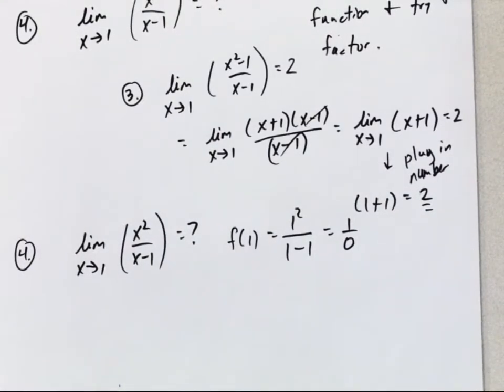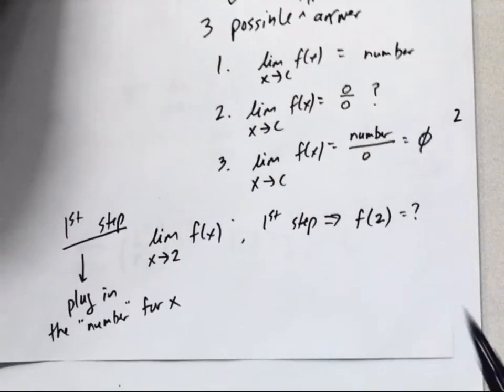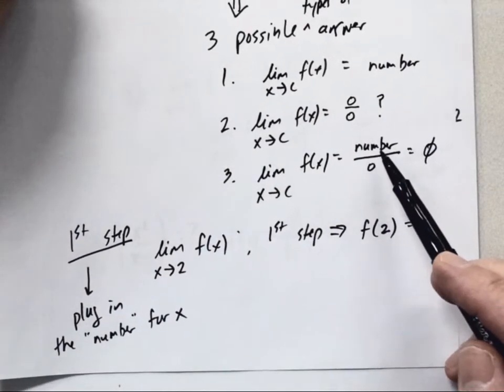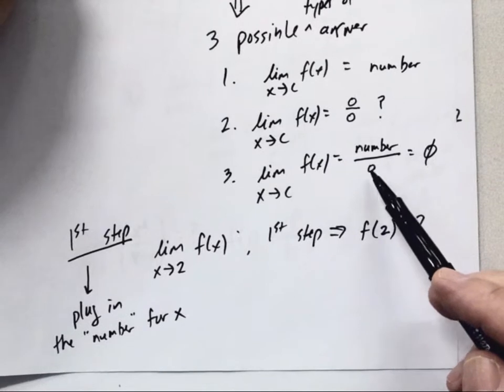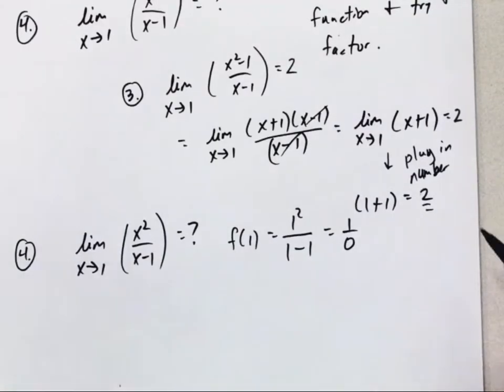So the function, when you plug in x equals 1, is 1 over 0. So that's actually the third thing I said that could happen. But in this case, whenever you get a number divided by 0, you know that's undefined.